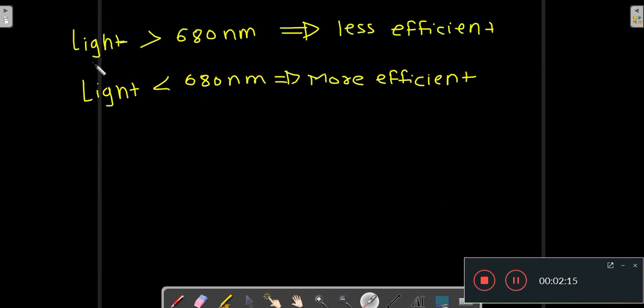This simply means that if the light has a wavelength greater than 680 nanometer, that is, it is in the far red region of the spectrum, then that light is less efficient for photosynthesis. And if the light has a wavelength less than 680 nanometer, then that light is more efficient for photosynthesis as compared to this light.